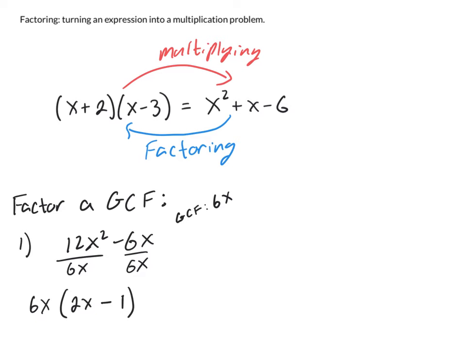We do need a placeholder for that because if we go to check our work, the way we do that is by distributing back in to see if we get the polynomial that we started with, right? So if I distribute back in, I get 12x squared minus 6x.